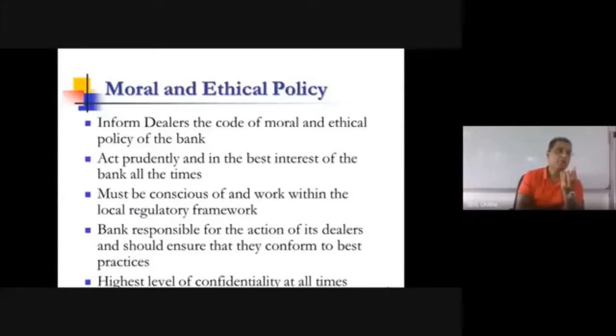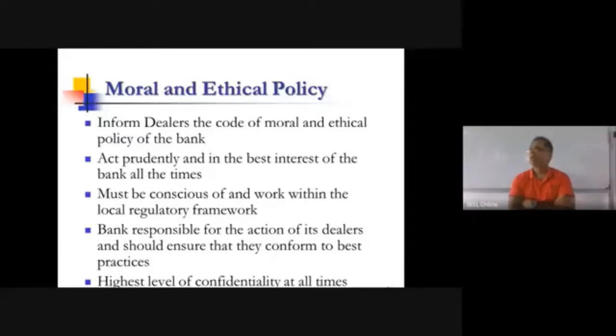Then there's a code of ethics that the dealing community has to follow, and based on that code of ethics, you practice that ethics in different scenarios. So nowadays, the Bank for International Settlements has come up with what they call the Global Code of foreign exchange dealing. The global code tells you in different scenarios, different behaviors that you have to practice.